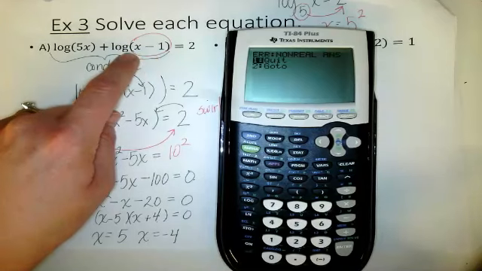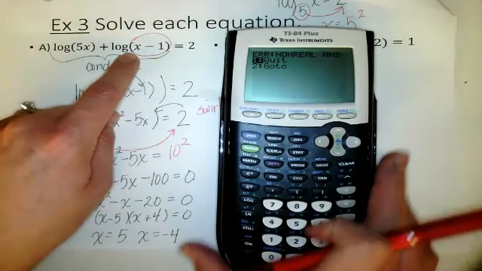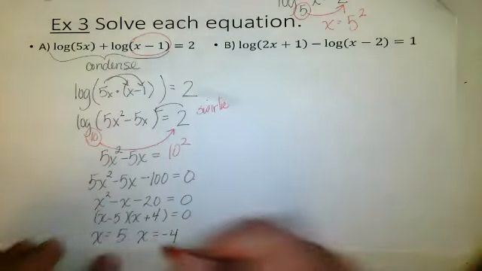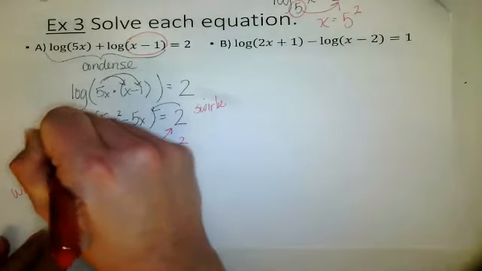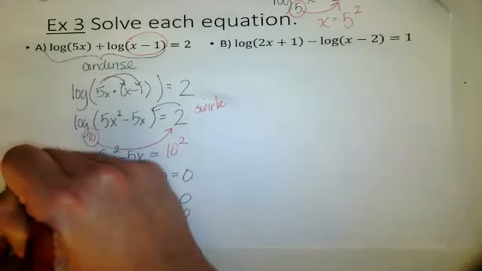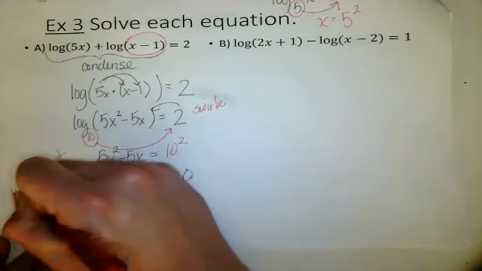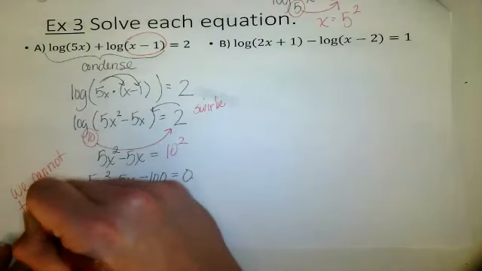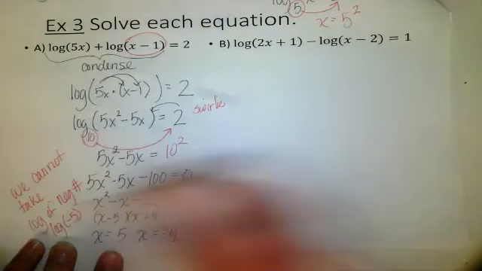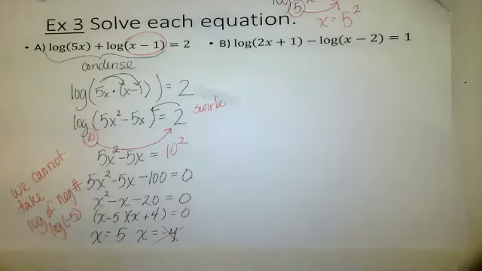Okay, we cannot take the log of a negative number. So negative 4 doesn't work. We can't do the log of negative 5, which is what that turns out to be. That is a non-real result.